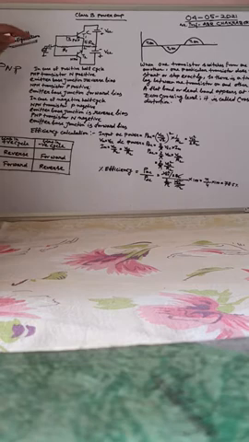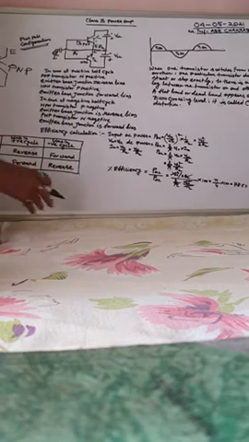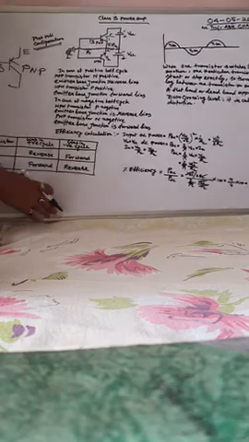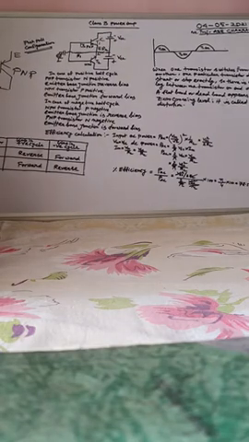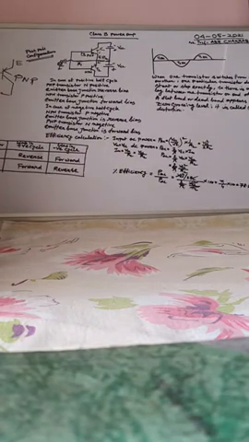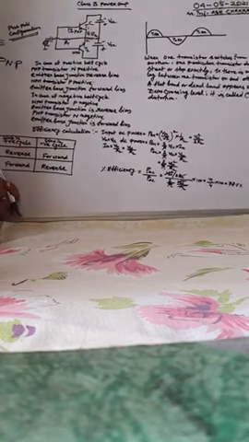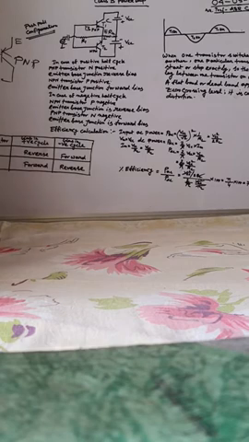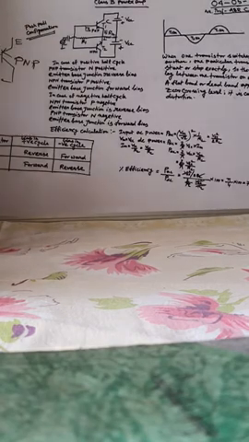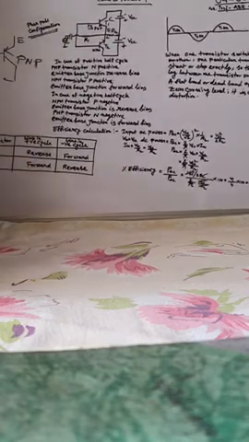The same polarity is applied to both transistors T1 and T2. In case of the positive half cycle, we use positive polarity.